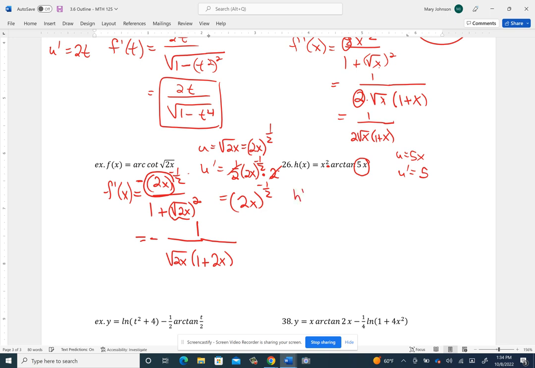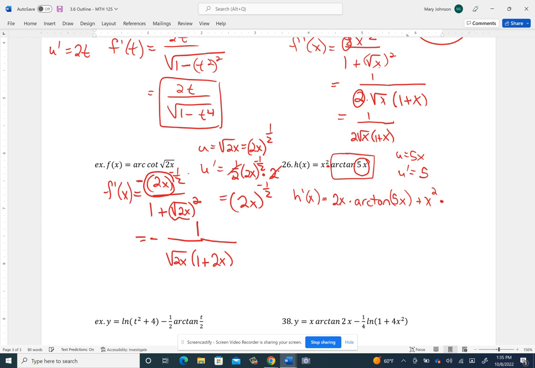So when I go to do the derivative of the h function, I'm going to do the derivative of the first, which would be 2x, times the second function as is, no changes. Okay. All right, then I need to add to that the first function as is times the derivative of the arctan of 5x.